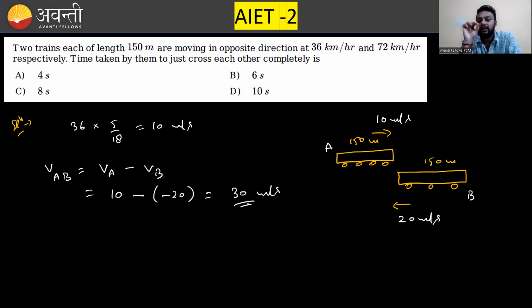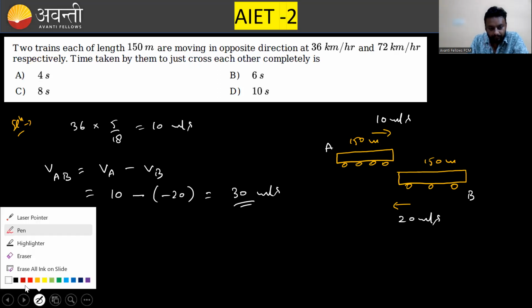Now, when I'm saying the relative velocity of A with respect to B, that means with respect to A, I am considering B at rest. This is the basic fundamental meaning of relative velocity. Whenever I am considering the relative velocity of one body with respect to another, I am considering the other body to be at rest. So now for me, B is at rest.